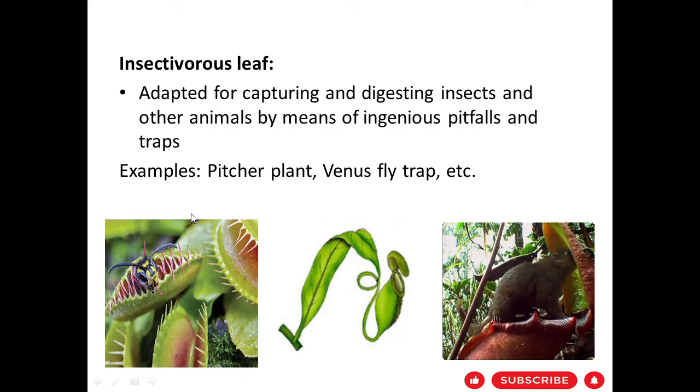Examples of insectivorous leaf are pitcher plant, Venus flytrap, and many others. They have sensors, and when any insect or animal comes in contact, these traps close on the insect and then digest it and fulfill their need of nitrogen.